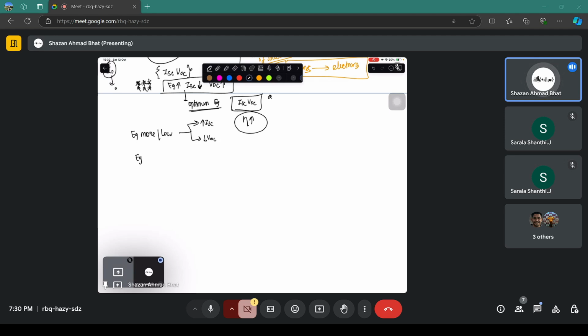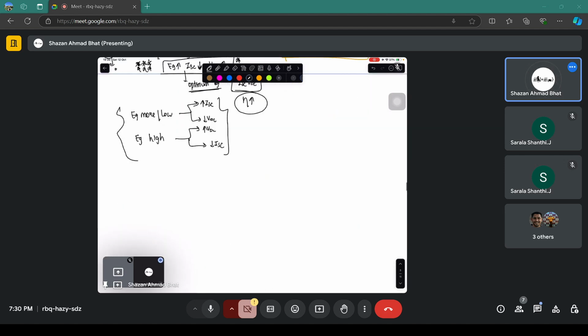But if you have a material with low band gap, it's going to increase the short circuit current, but it's going to reduce the VOC, and overall the efficiency is going to be determined by that. So that is the fundamental limit of the solar cell basically, in order to increase the overall efficiency of the solar cell.